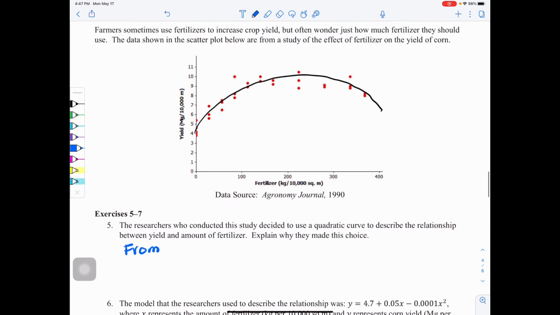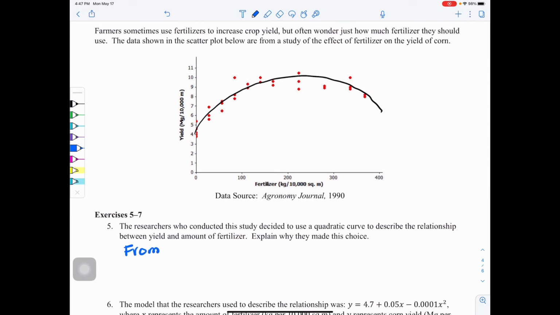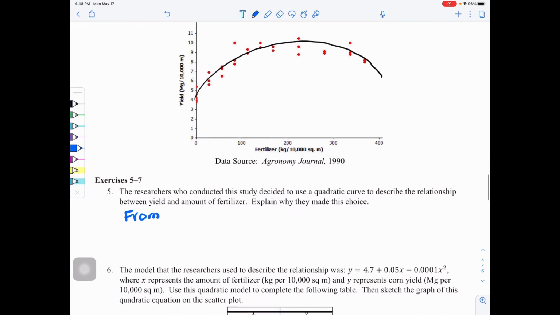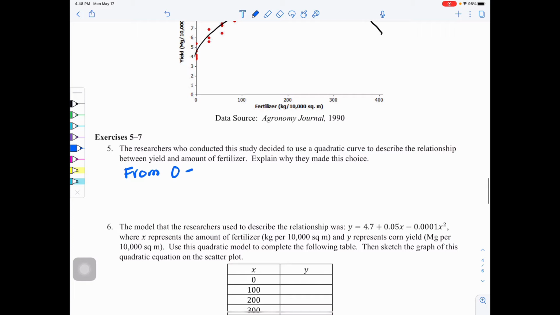If I take a look at this, we're on an upward swing until we get to about 200, somewhere there in the middle, and then we start coming down. So we're going to say from 0 to 200, and this is kilograms per 10,000 square meters.